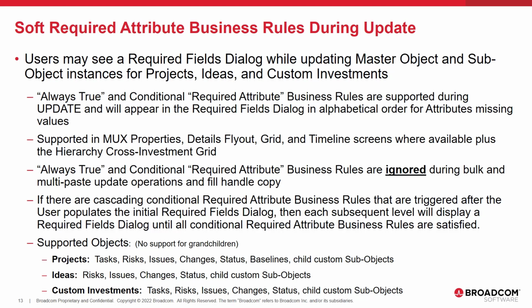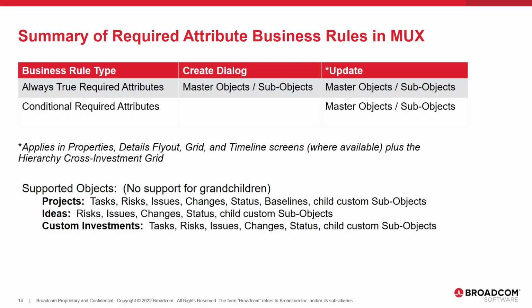And last, below is a list of the supported master objects and sub-objects for the soft required business rules. We wanted to provide you with a summary table that's easy to read of the required attributes and how they work and where they work and what type of business rules apply where here in this chart.